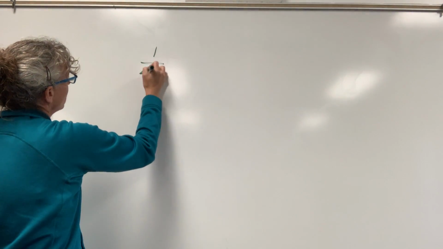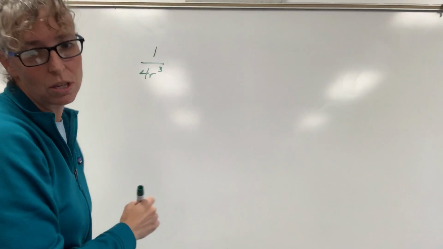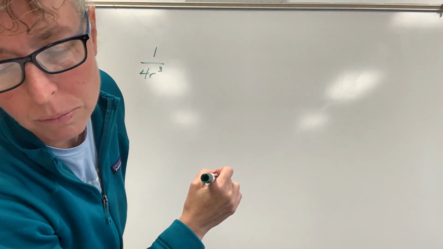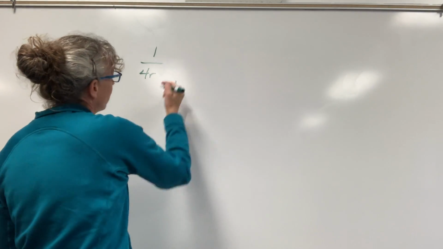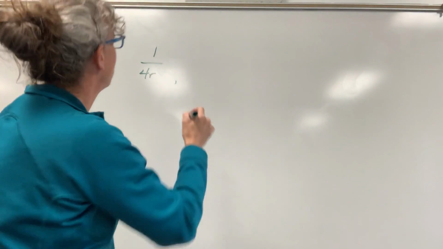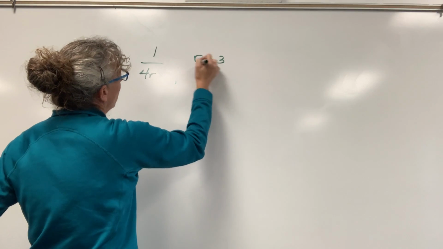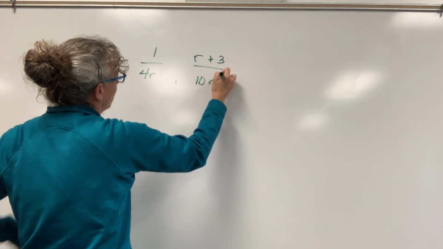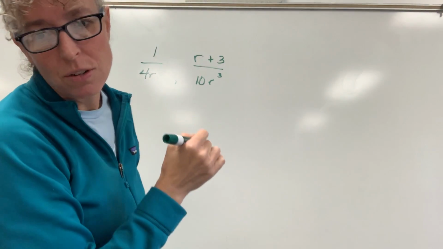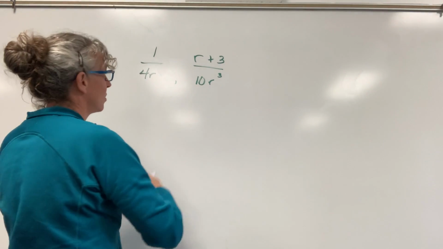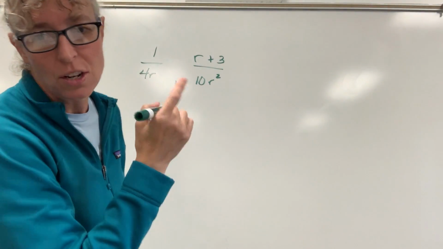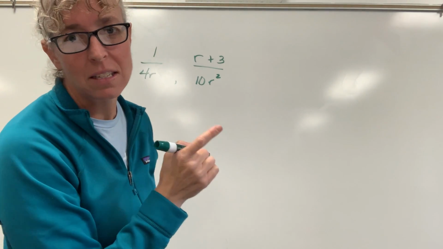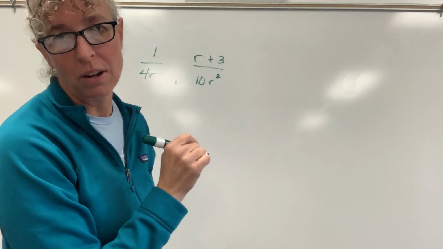Our first fraction is 1 over 4r. Just kidding, I misread. Our second fraction that they give us is r plus 3 over 10r squared. Now notice the directions say find the least common denominator of the rational expressions.